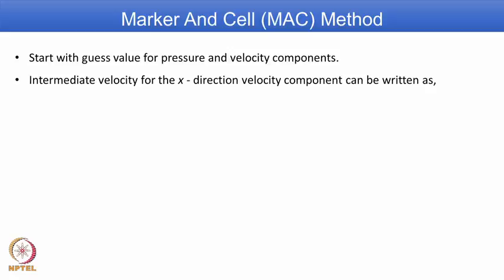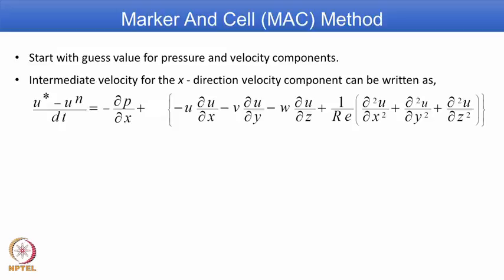Between time level 0 or between one iteration to the next iteration, velocity is intermediate velocity. Once you know the procedure for discretization, then you write down the final discretized Navier-Stokes equation. In this case, we mentioned we will take x momentum equation, and that is what is shown here.